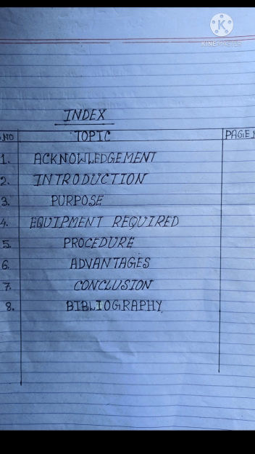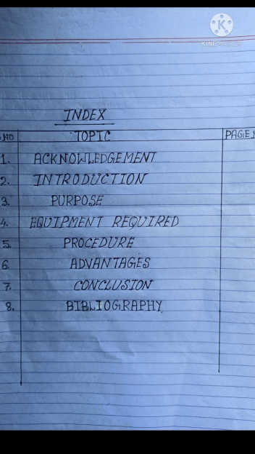Okay, next, serial number 6 is advantages. In the advantages part, you have to write the particular situations in which you get an opportunity for yourself. Okay, and the next, serial number 7, is the conclusion part.